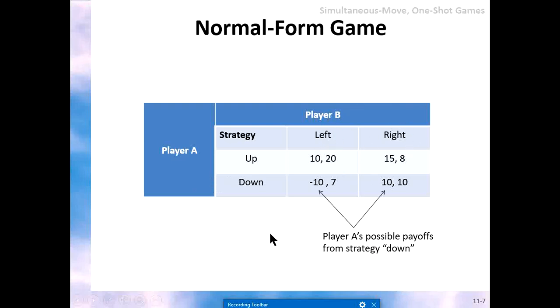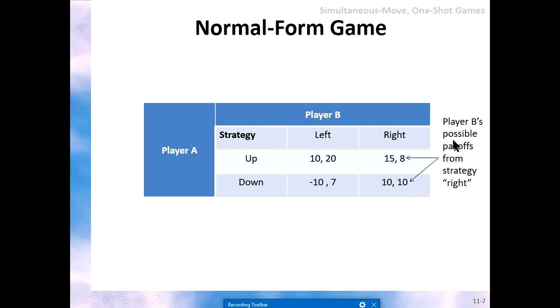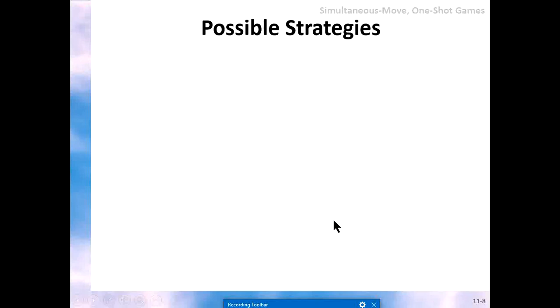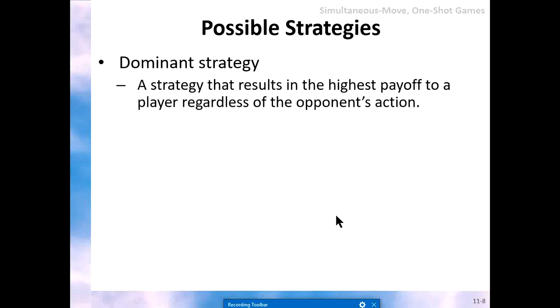Player A's possible payoff from the down strategy is either -10 or +10. From the up strategy it will be +10 or +15. Player B's possible payoff from strategy right will be 8 or 10, and from strategy left will be 20 or 7.